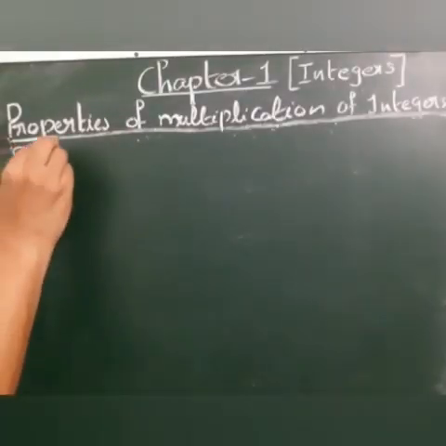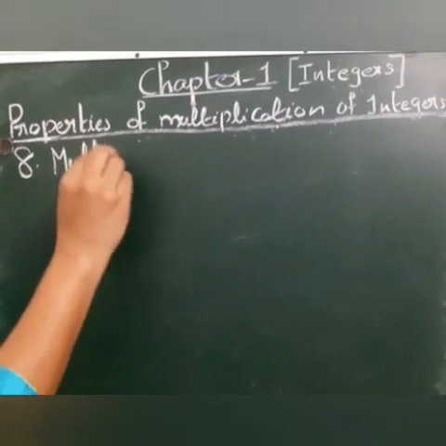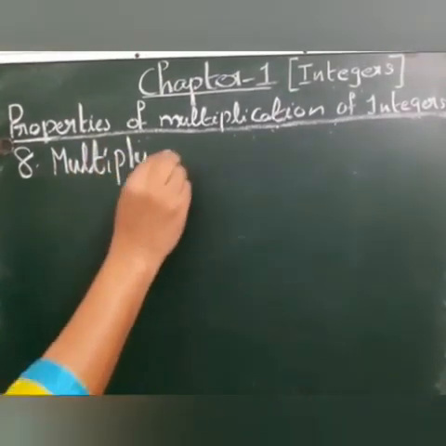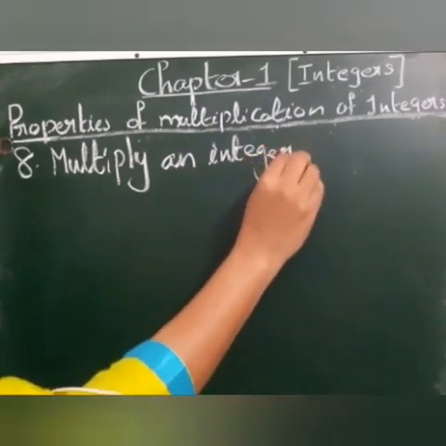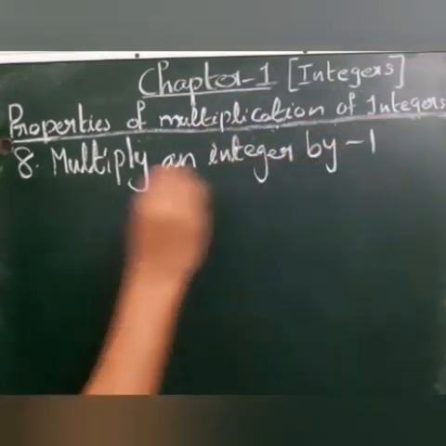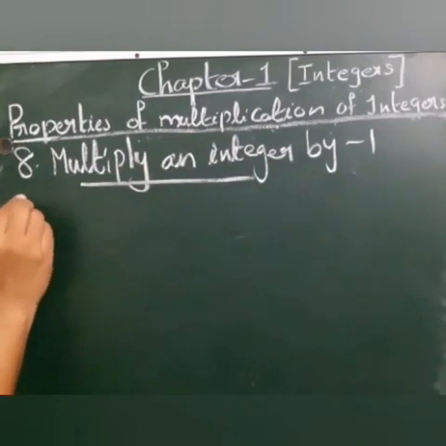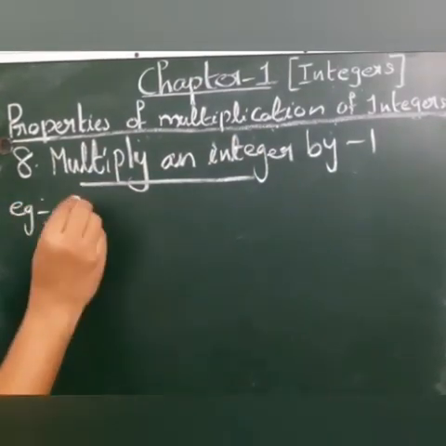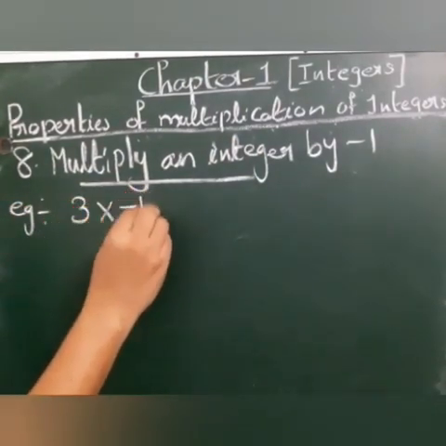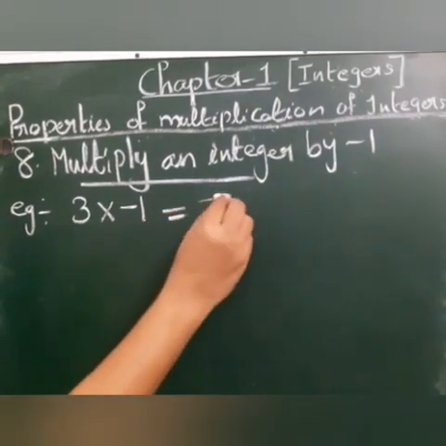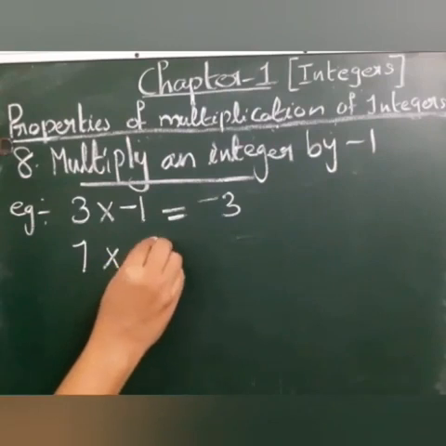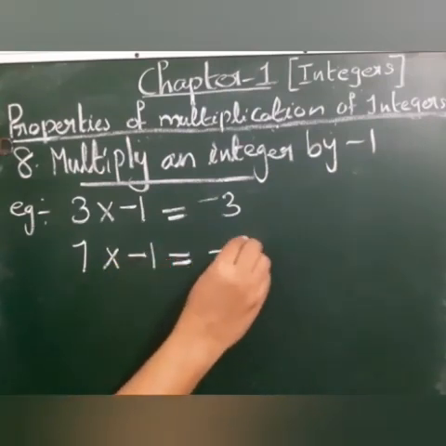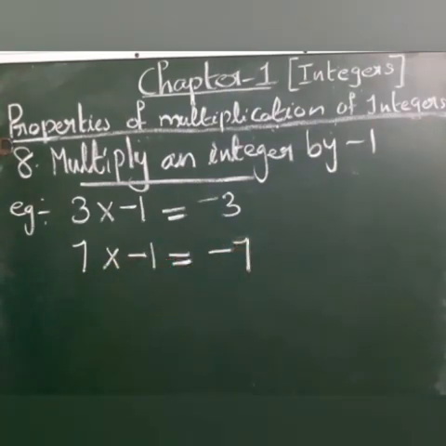Next, multiply an integer by minus 1. Example, 3 multiplied by minus 1 is equal to minus 3. 7 multiplied by minus 1 is equal to minus 7.